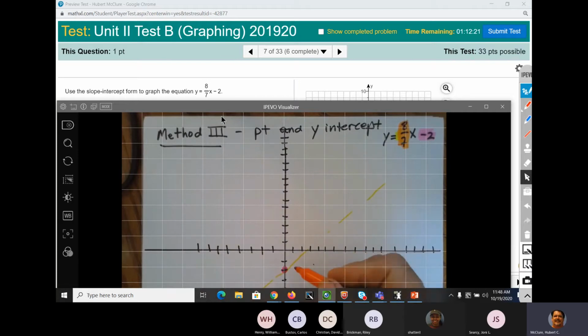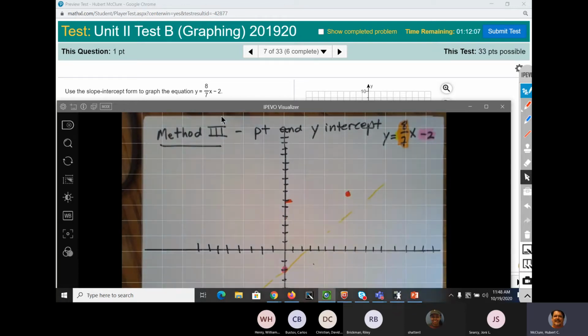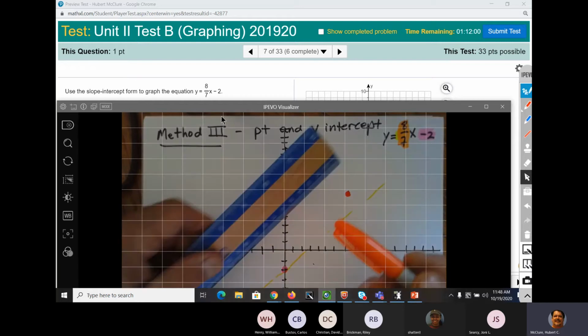And I'm going to go up 8, and over 7. And of course, mine's not exactly right. I should have used my blocks, but I didn't.